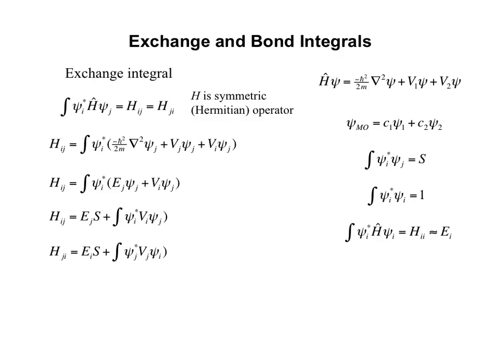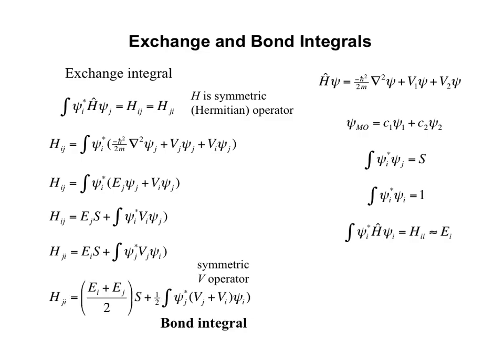Using now the symmetry of the Hamiltonian operator, we get a similar equation for Hji, where this time we have the energy of the i wave function and the potential at j. If we now sum these two equations and take the average, we get that Hij equals Hji is the average of the energy of the atomic orbitals times the overlap integral.